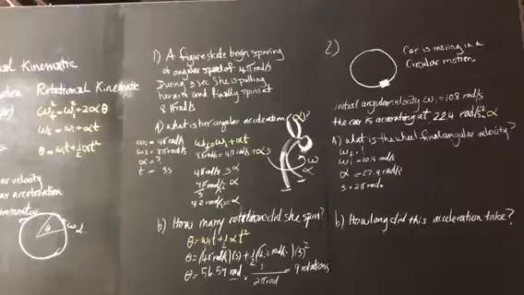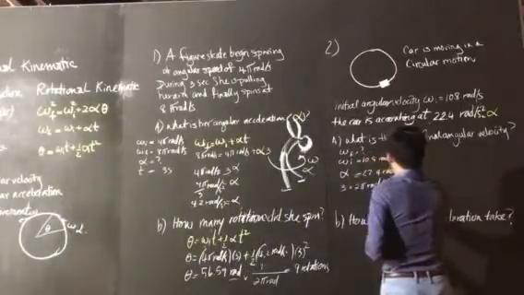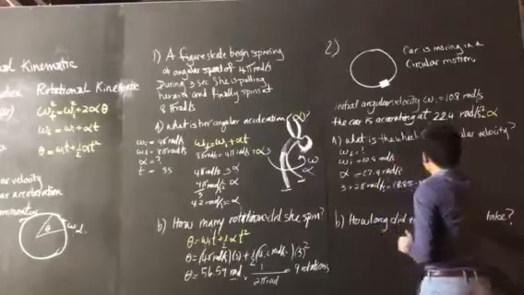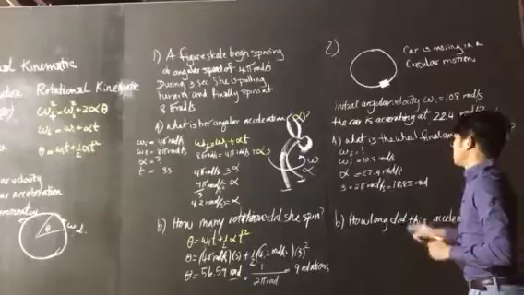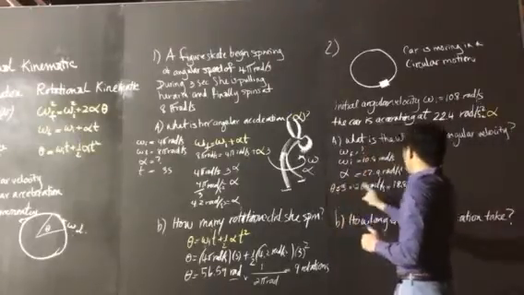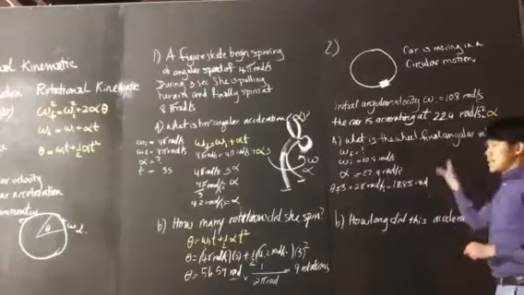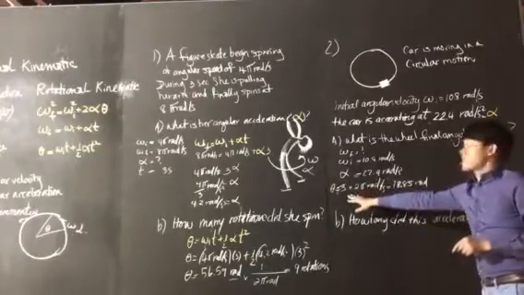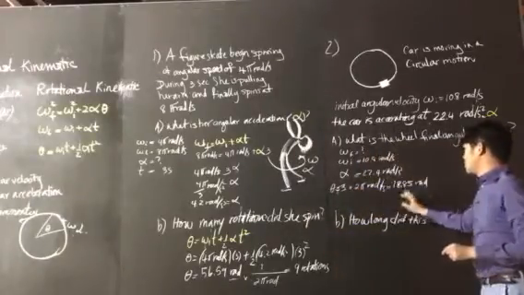So the answer is 18.85 radians. That's the displacement it takes for 3 rotations.